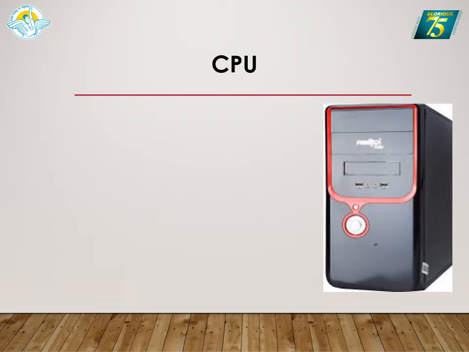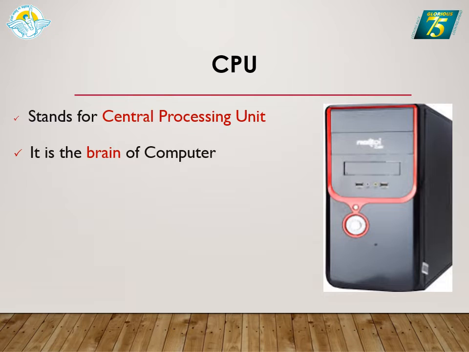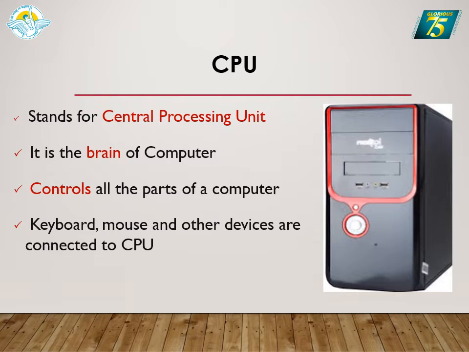Now the next part of a computer is the CPU. CPU stands for Central Processing Unit. It is the brain of a computer. It controls all the parts of a computer. Like the human brain, a computer also has its own brain, which is nothing but the CPU.